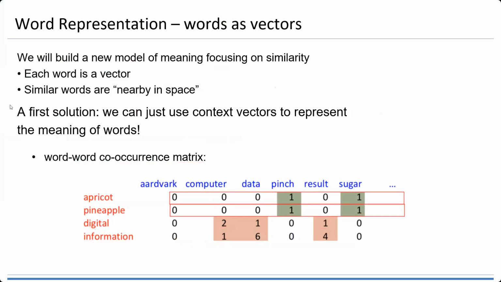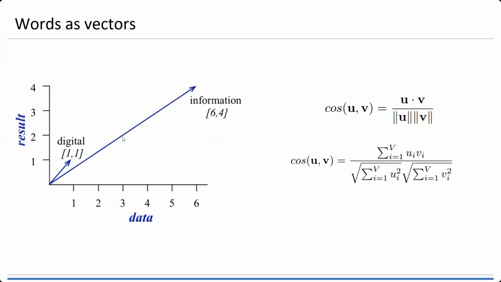With this word co-occurrence matrix, we can make a kind of graph. So this is the graph from the previous co-occurrence matrix. I have the word result and the word data.